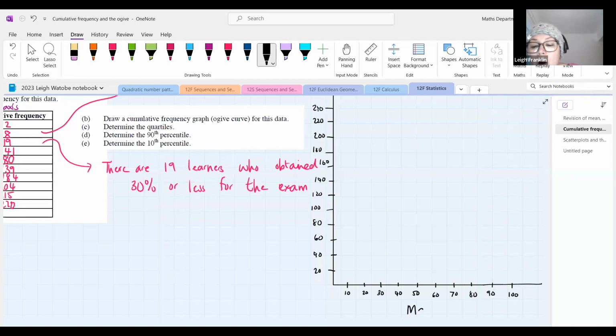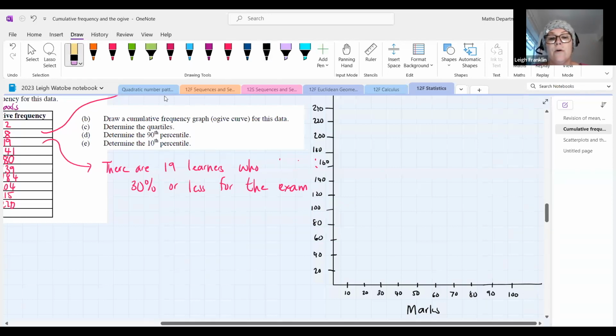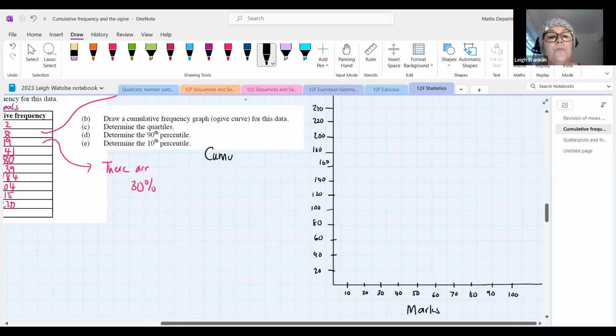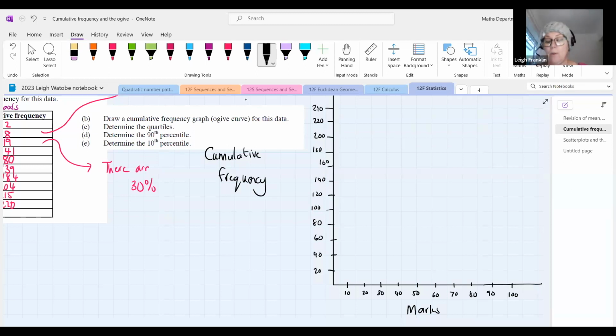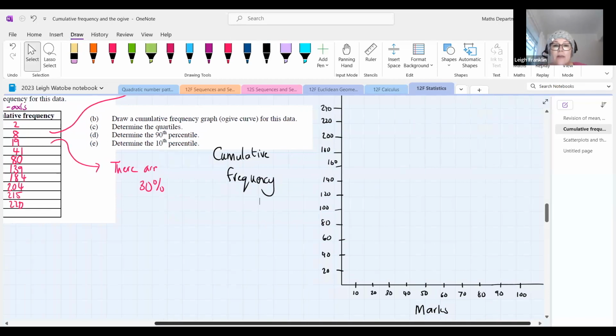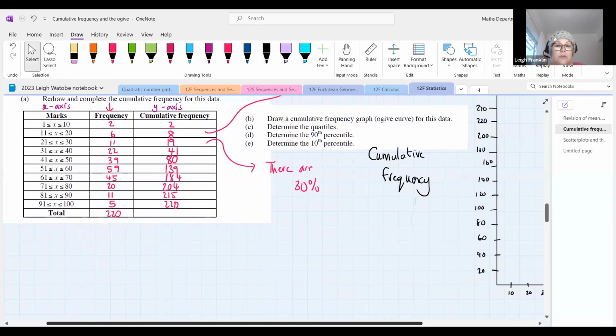So our marks are going here. And on the y-axis, we always have cumulative frequency. All right, so let's have a look at the points that we are going to plot.